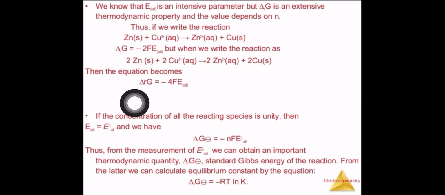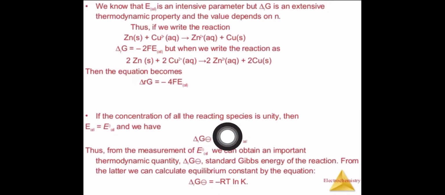Here n is the number of electrons transferred. One Cu transfers 2 electrons, but we have 2 moles, so there will be 4.